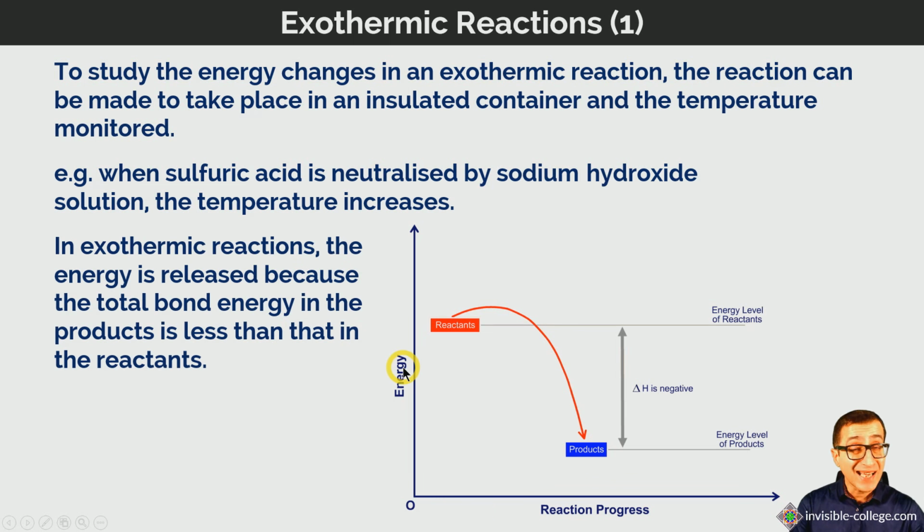So we can say that in exothermic reactions, there is a net release of energy into the surroundings, and in this case that means into the reaction mixture, causing the reaction mixture to increase in temperature. Ultimately, that heat energy is going to be radiated and conducted into the surroundings. The reason for this is that the total energy stored in the chemical bonds in the products is less than the total energy stored in the chemical bonds of the reactants.